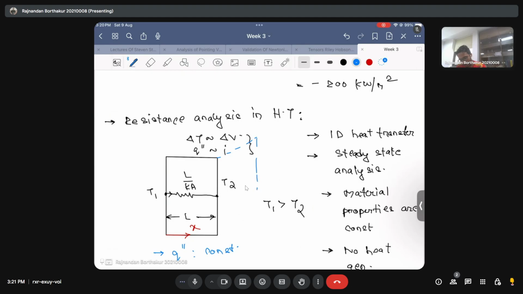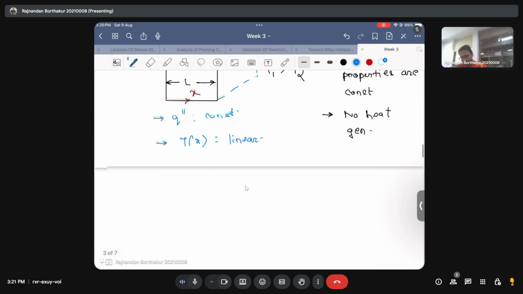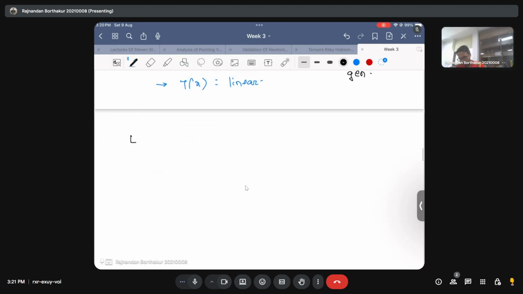This L by kA, I guess you have derived in your theory classes. This is known as conduction resistance for rectangular slabs. This is very easy to derive.